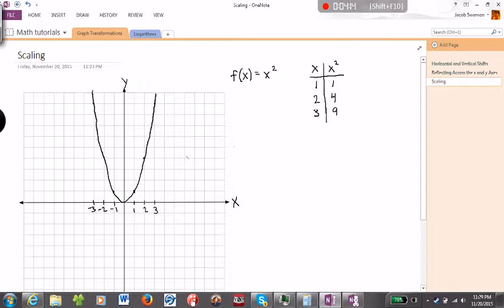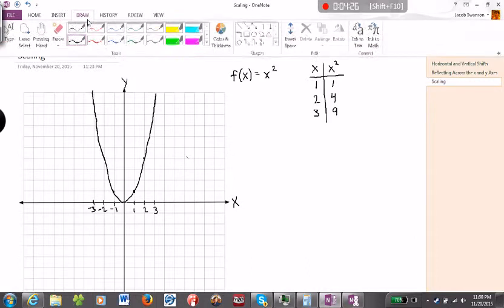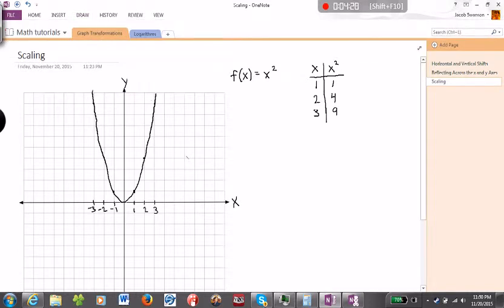Let's keep it simple. Right now, it's f of x equals x squared, which could be said to equal 1 times x squared. Let's instead multiply it. Let's call it a different function and use a different color, such as this red. We'll say that g of x will equal 2 times x squared. So we've scaled it by 2.